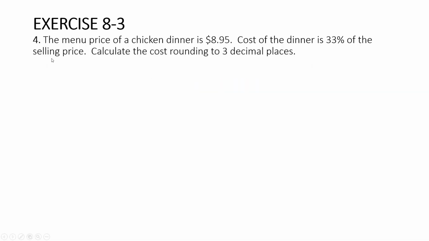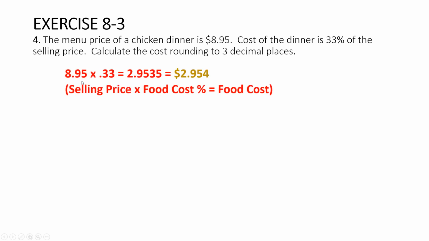Our next question: the menu price for a chicken dinner is $8.95. That's how much we sell it for. Our food cost percent is 33%. Let's figure out what it costs us to prepare this particular item, rounding off to 3 decimal places. We're looking for the food cost, and the formula for that is taking the selling price and multiplying it by the food cost percent.